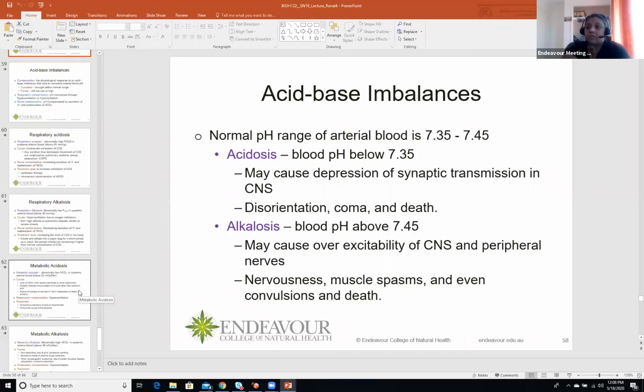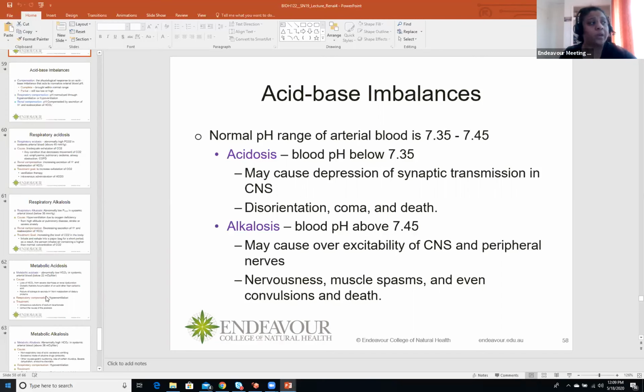Metabolic alkalosis is high bicarbonate in the blood, and therefore it results in the collection of bicarbonates and elimination of hydrogen in the blood.